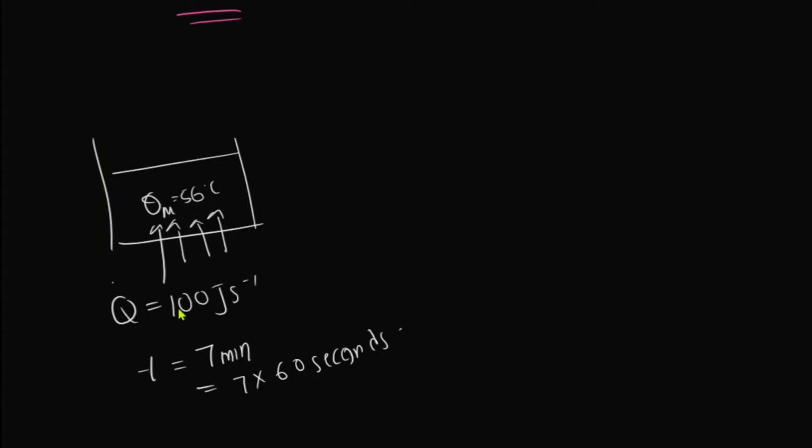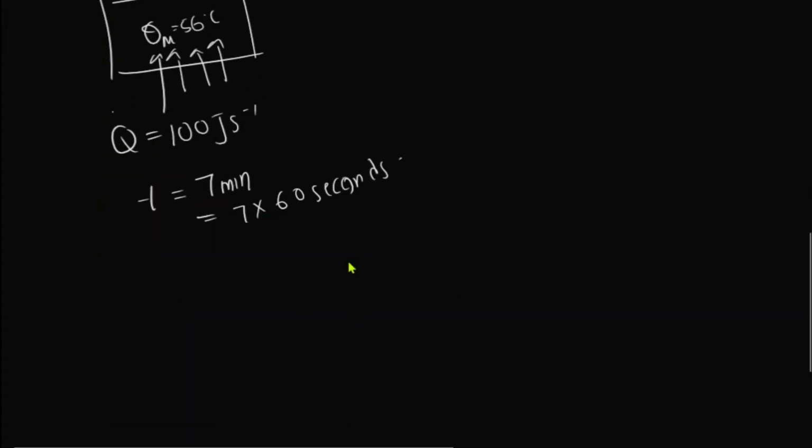Okay, fine. Now when you keep on supplying this, what happens? Here also the heat supplied is 100 into the amount of time for which heat was supplied, so 100 joules per second into this number of seconds. This supplied heat was absorbed by whom exactly?